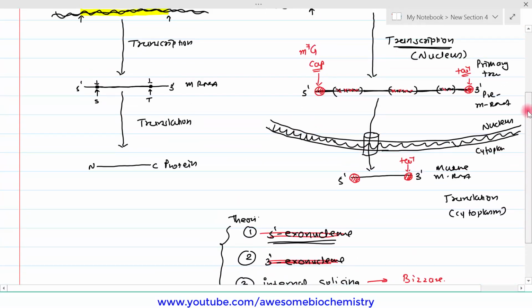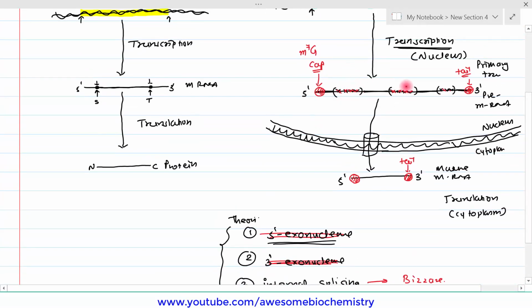They gave the name intervening sequences to these sequences which are not being expressed. So this is also an intervening sequence, this is also an intervening sequence, and this is also an intervening sequence. All these three are intervening sequences, and in short they are known as introns.